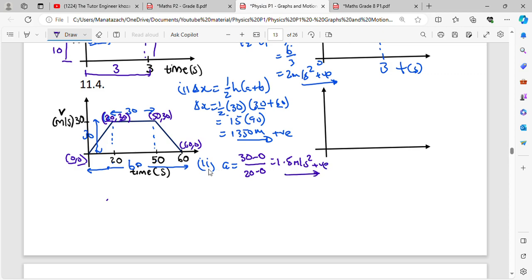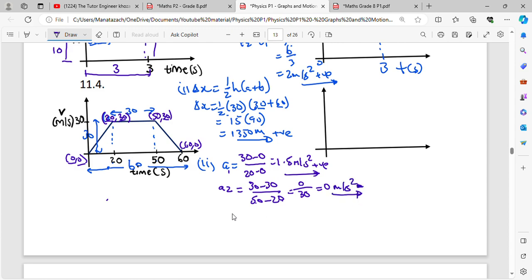That's the first acceleration. Then the second one, 30 minus 30, which you can recognize is going to be 0. So eventually 30 minus 30 is 0, 50 minus 20 is 30, so the answer is 0.